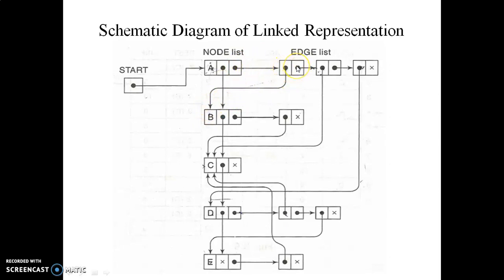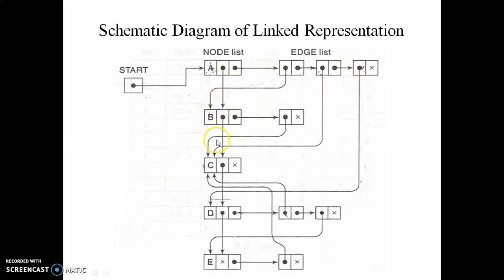The next field will have the address of C, because this element represents C. This element represents D. Therefore, this will have the address of D, and the last field will be marked with a 0 because there is no other adjacent node. That is why we mark it with a 0.